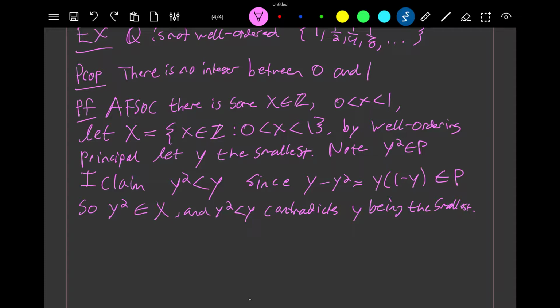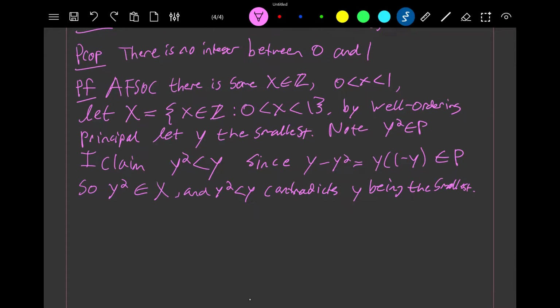But the question arises: is every well-ordered ring, so a ring that has an order that's a well order, the integers? And that's kind of what I want to do.